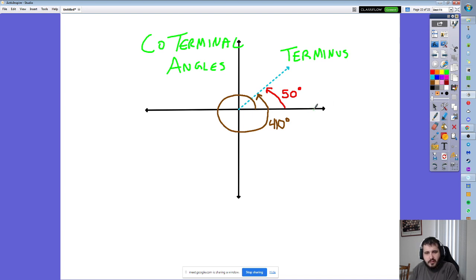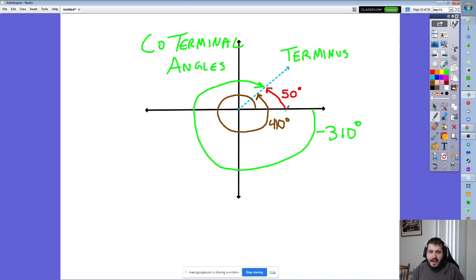coterminal angles. So if we go backwards, starting from 0 always, and we come back to this spot here going the other way, that's like negative 310 degrees technically. All three of these angles, the red angle, the brown angle, and the green angle, are all coterminal because they all start at 0 and they all work their way around.